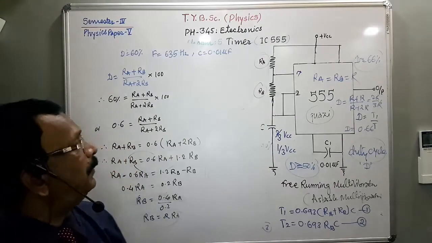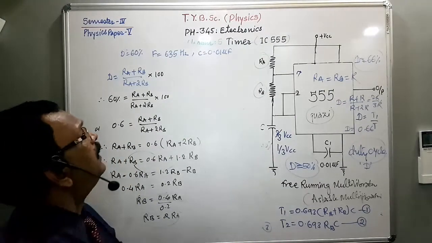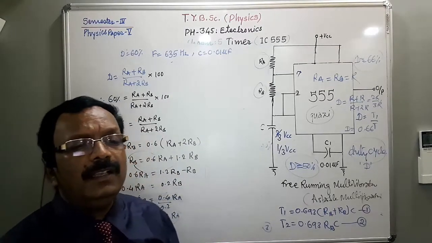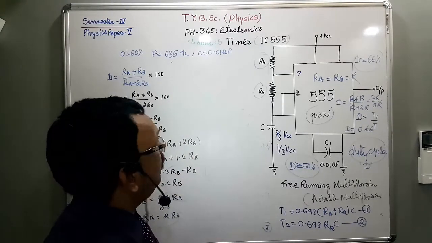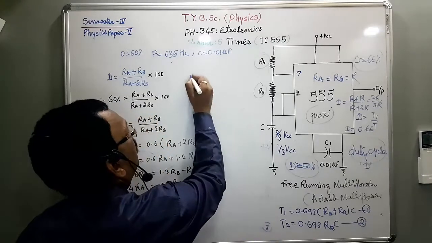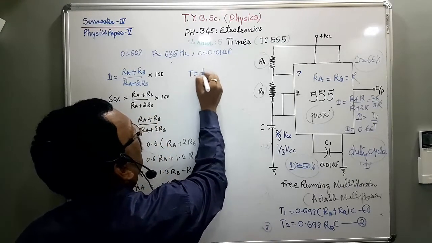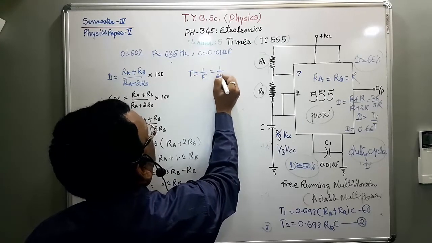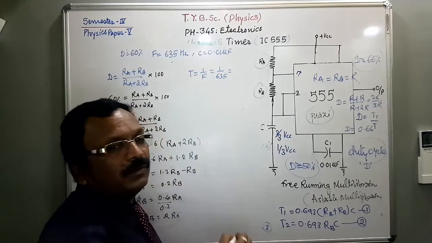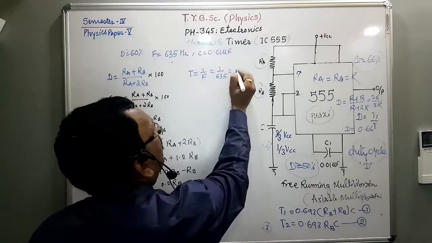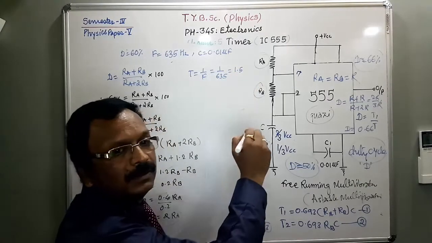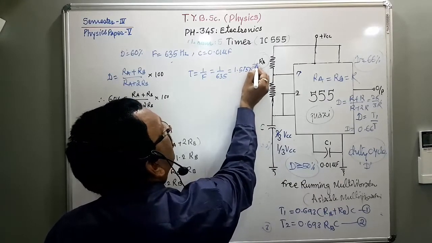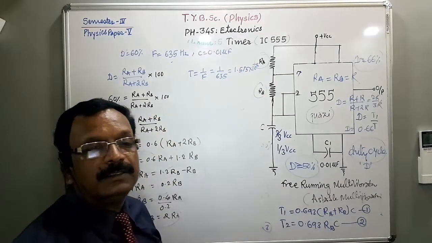But frequency is given, 635 Hertz. If we know the frequency, then we can calculate the period, because period T is equal to 1 upon F, and 1 upon 635 is equal to 1.575 into 10 raised to minus 3 second.